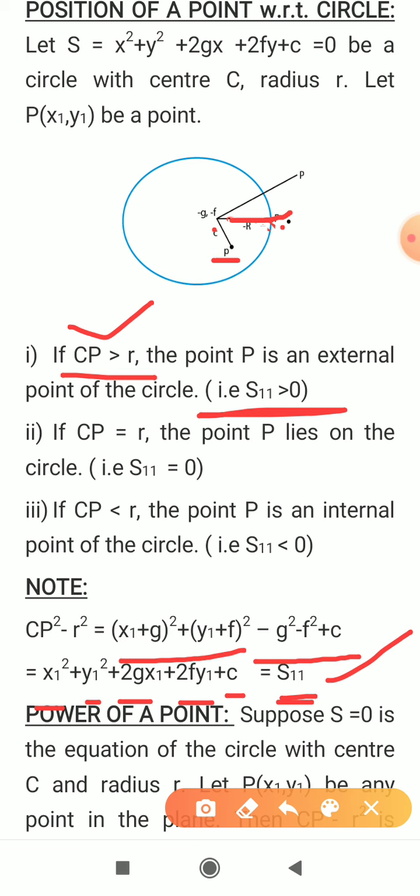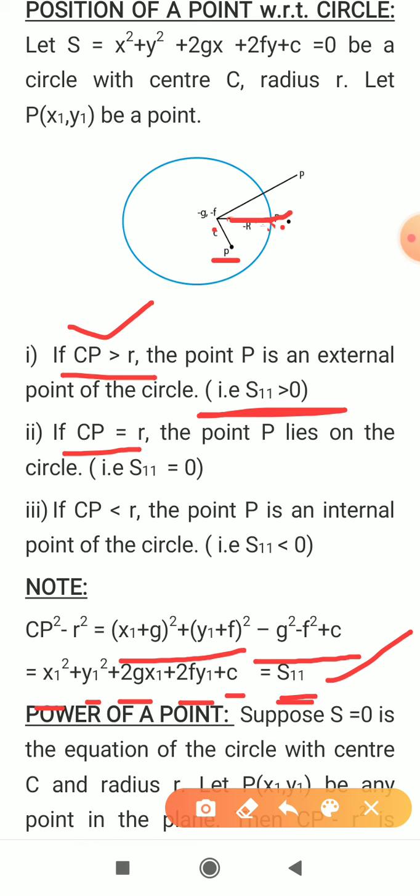We have S11. If that S11 is greater than 0, that means the value of S11 is positive, 1, 2, 3, 4, 5, root 36, root 31, whatever it may be, that is positive. Then we say that P is an external point of the circle. Similarly, if CP is equal to R, CP square is equal to R square.